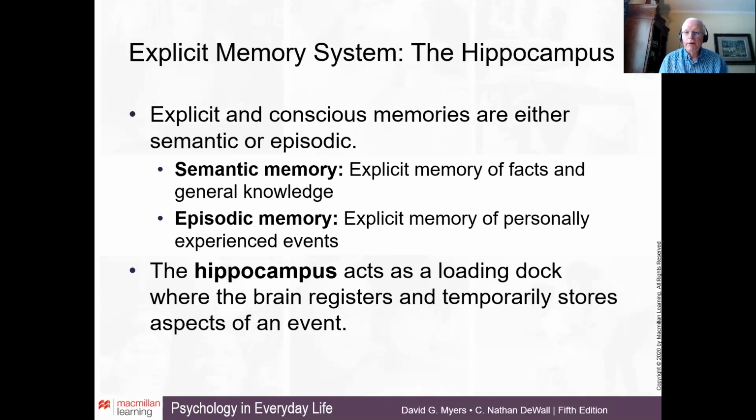If you recall from our earlier discussion about the two systems of memory, one on a conscious track and the other on an unconscious track, explicit memory exists on a conscious track, and implicit on an unconscious track. You recall that there are two kinds of explicit memories, semantic and episodic.